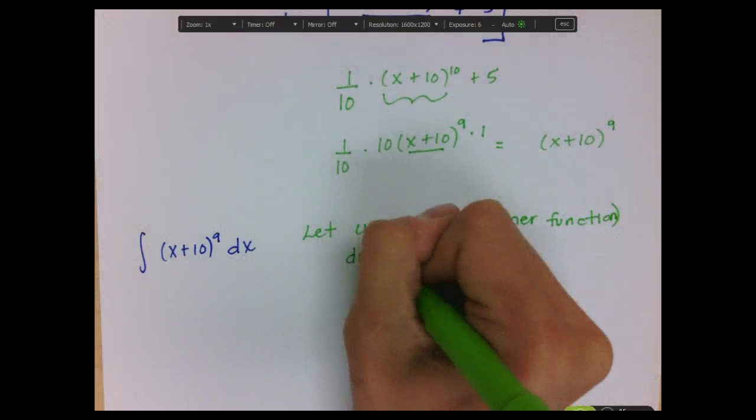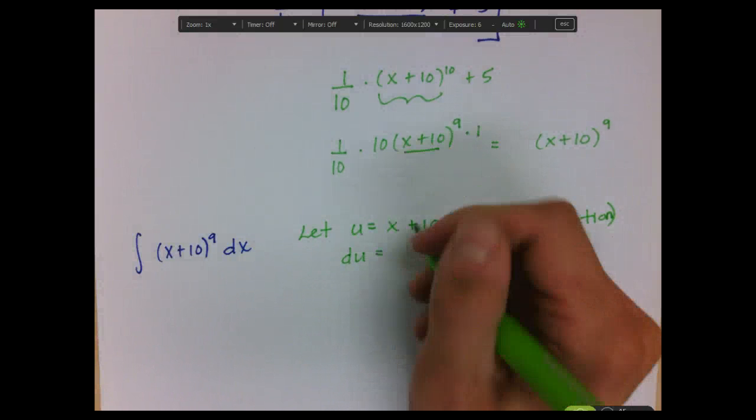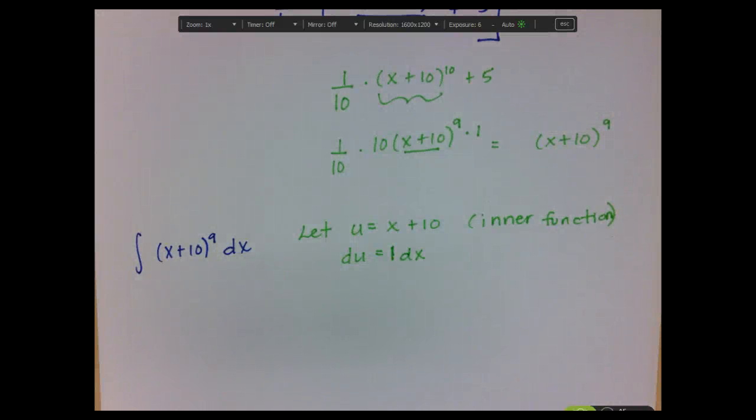And if we find du, the derivative of x is 1, and the derivative of 10 is 0, and we need to multiply that by dx.